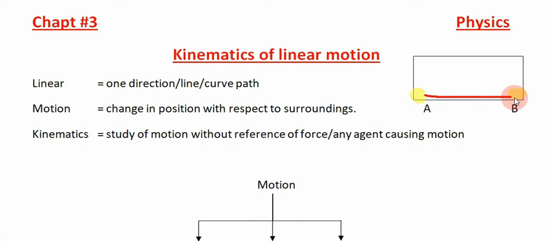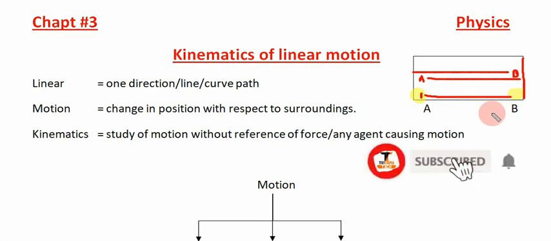Now the thing is, when the object was here at point A, the distance between this position and this wall was huge, and when the object moved from position A to position B, we can see that the distance between the object and this wall is reduced, and the distance between the other wall and this object is increased.